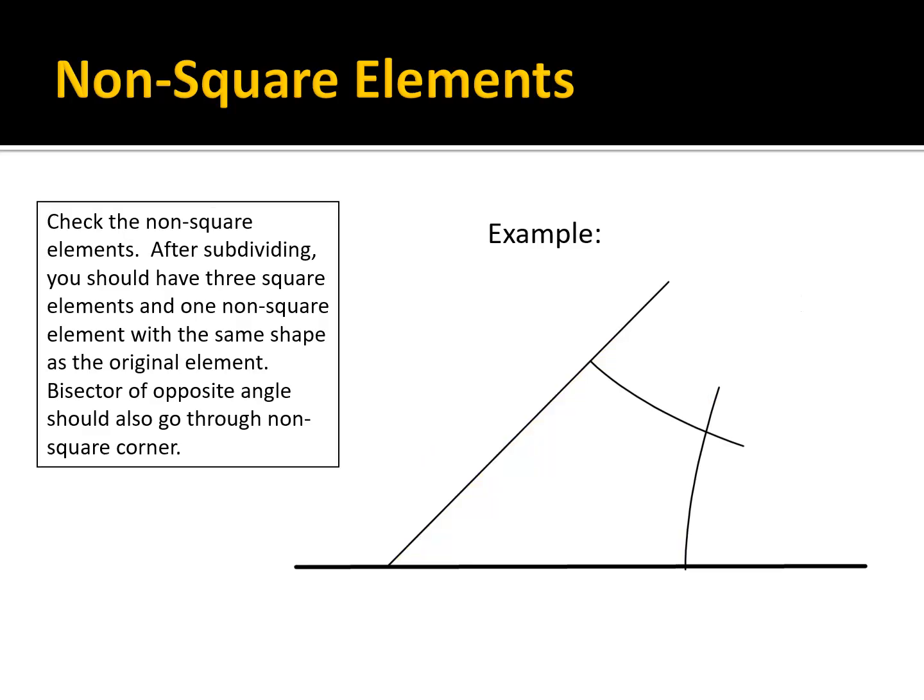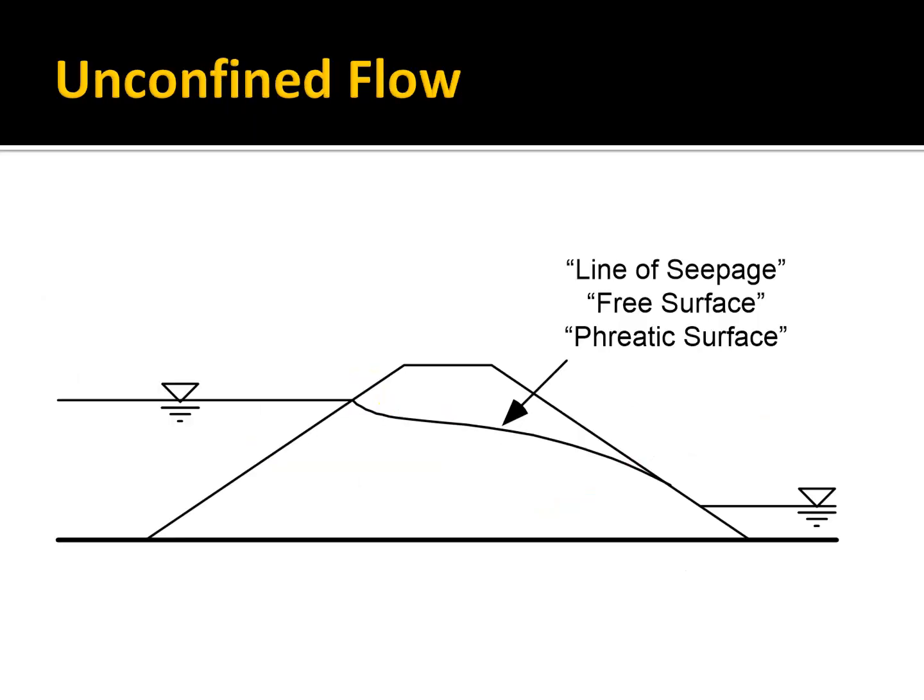If you want to do a test here, if you draw a line that bisects this, and you have equal angles here, it should bisect this line over here. So that's a little test you can do for that particular case.